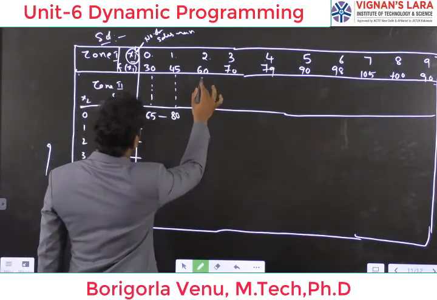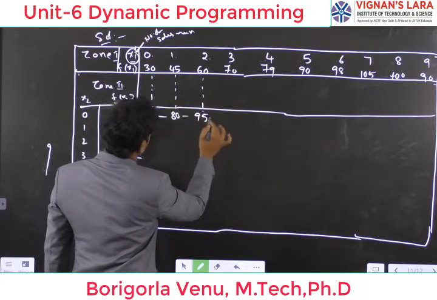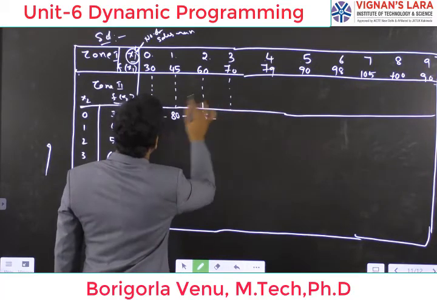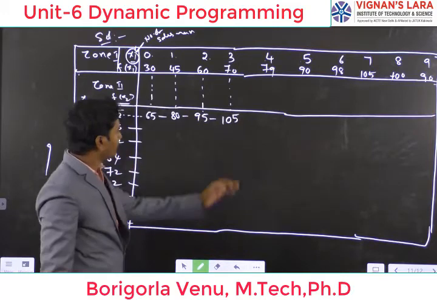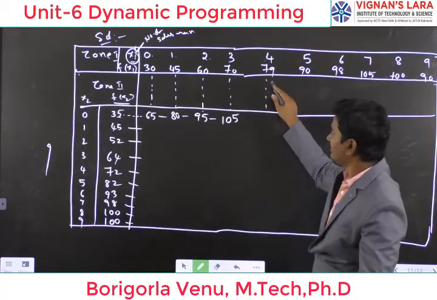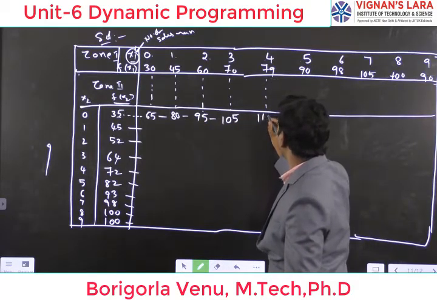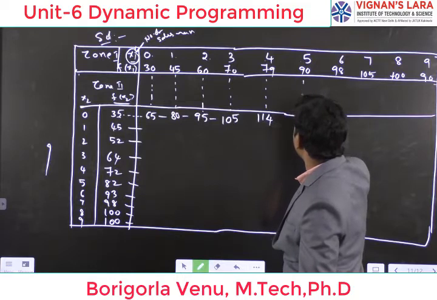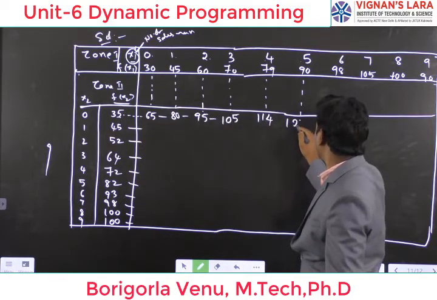Similarly 35 plus 60 is 95. Here 70 plus 35 is 105. Next, 35 plus 79 is 114, and 90 plus 35 is 125.